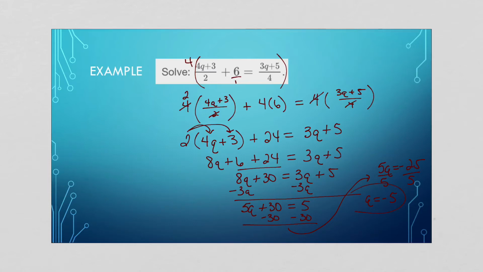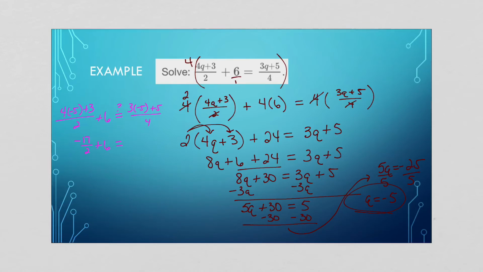Alright, so I got that q was equal to negative 5. So let's test this out. Go back to your original problem and put negative 5 in everywhere you see q. Okay, so 4 times negative 5 is negative 20, plus 3 is negative 17 over 2. 3 times negative 5 is negative 15.